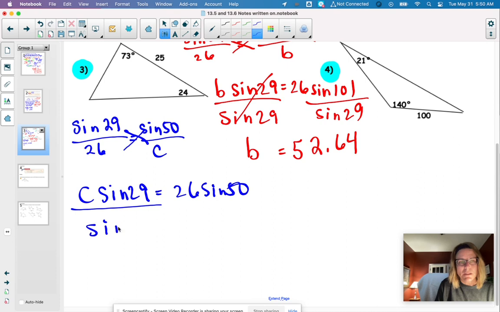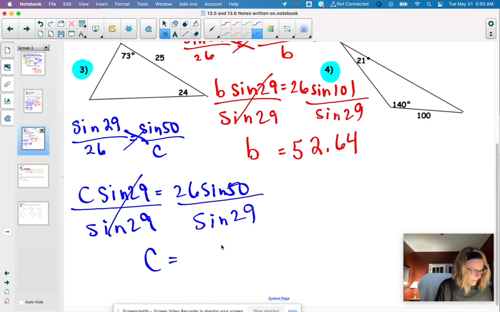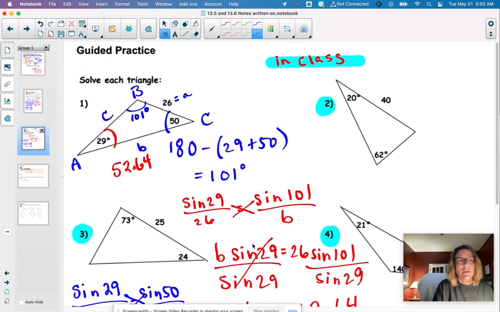Divide both sides by sine of 29. C is equal to, so if we take 26 sine of 50 divided by sine of 29, we're going to get 41.08. So when it says solve each triangle, that's what it's asking us to do. Find all the missing angles and find all of the missing sides, which we did. The rest we'll do in class.